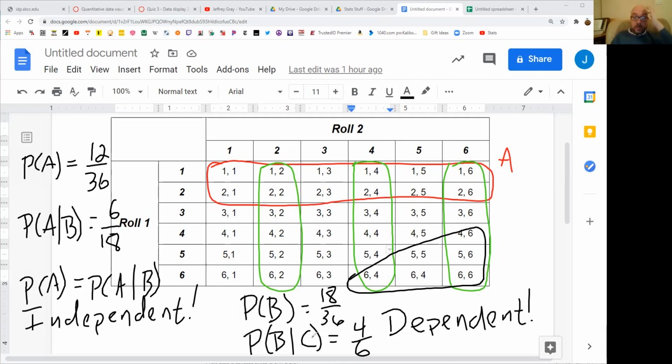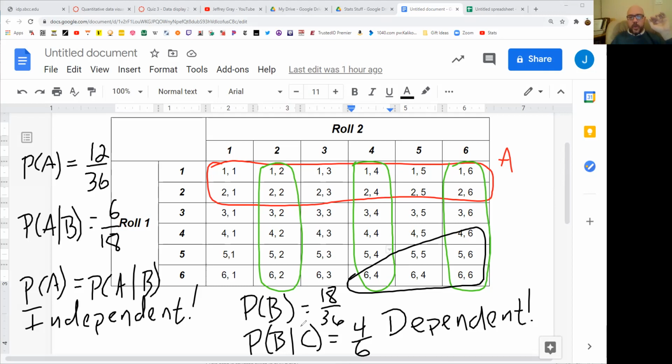And so whether we're in A or B is affected by whether we know we're in C, and vice versa. The probability of C given B would also not be equal to the probability of C, right? I'll let you calculate all those things, and I will encourage you to make sure you know how that calculation is done.